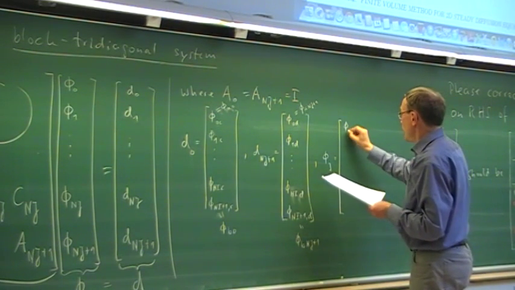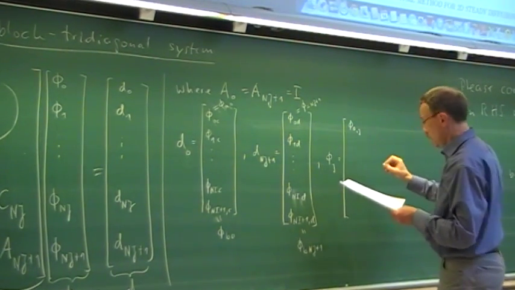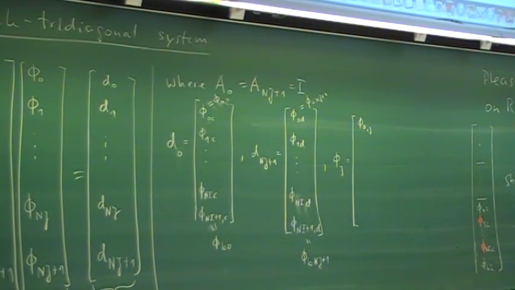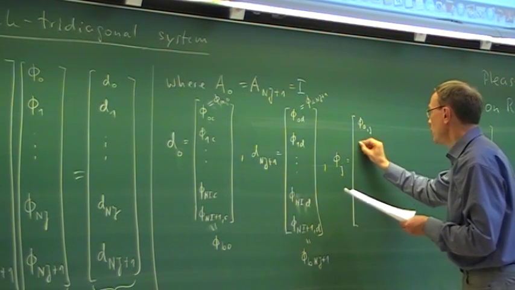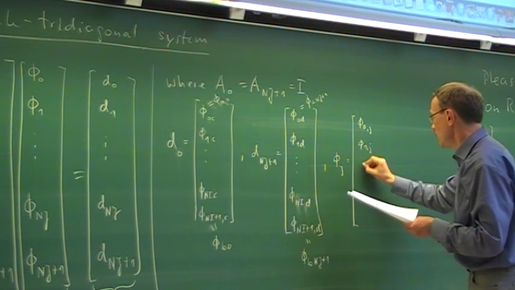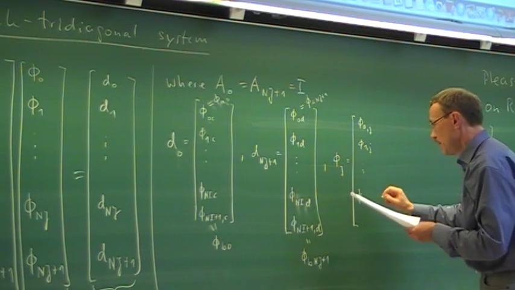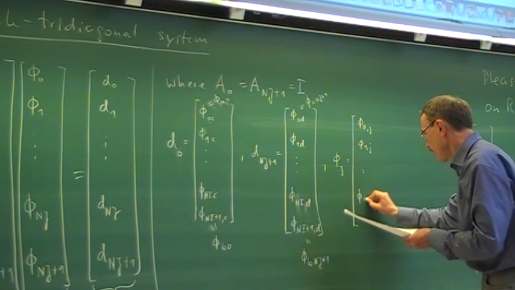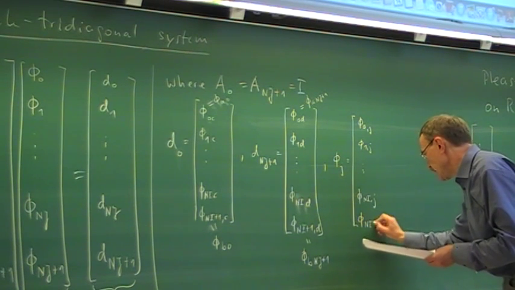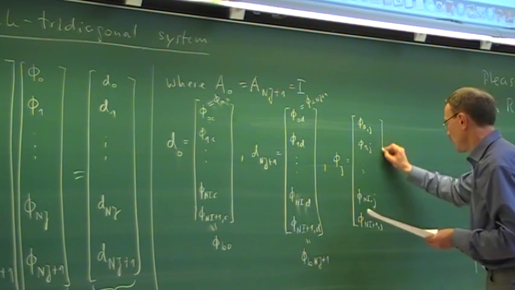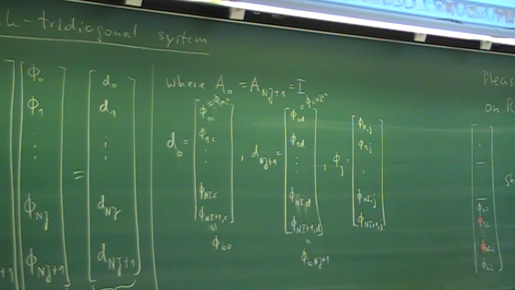So that is then the phi 0j, that is now on one line, that is at the left boundary, and the phi 1j, and so on, the phi Nij, and the last one is at the right boundary, Ni plus 1j. So then we have the phi's. Let's see, what else do we need? I think we have that. And now we can focus on the matrices.